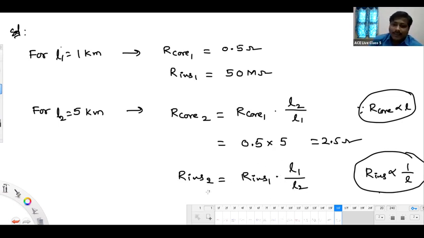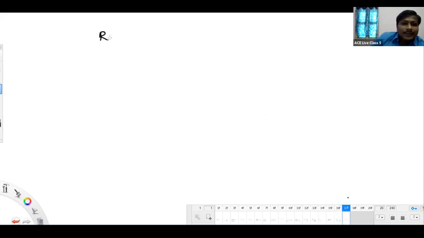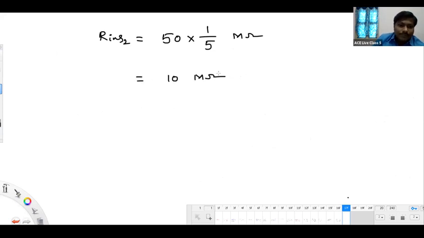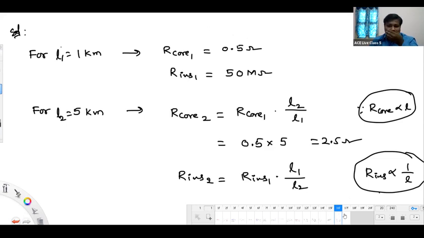R insulation 2 equals 50 mega ohm into 1 by 5, which becomes 10 mega ohms. Clear, a very simple problem.